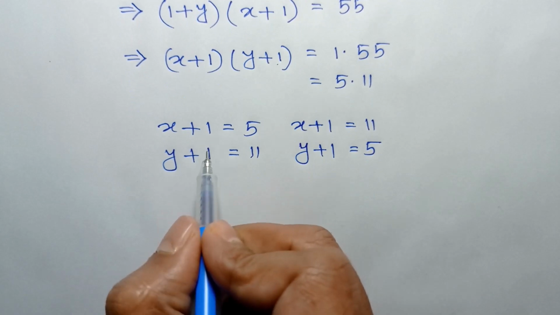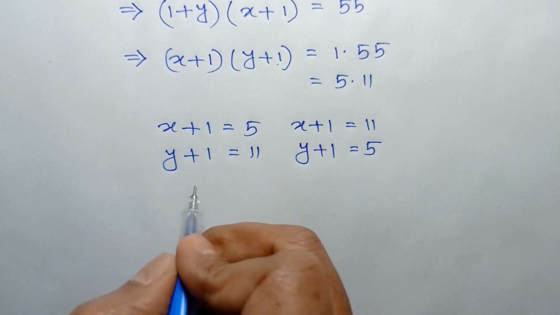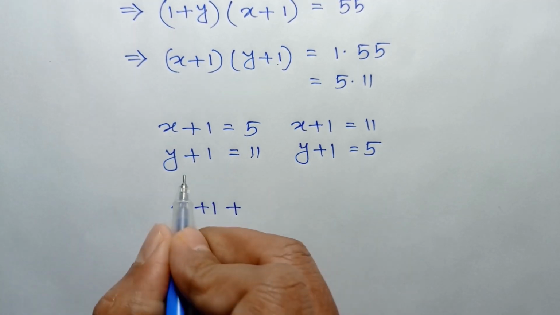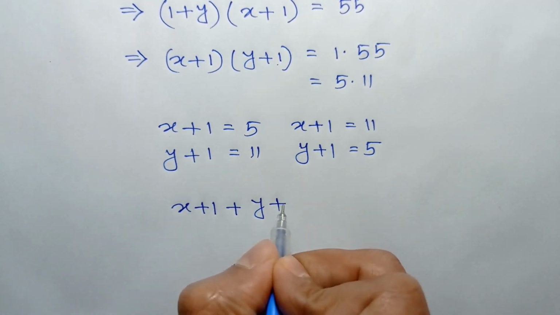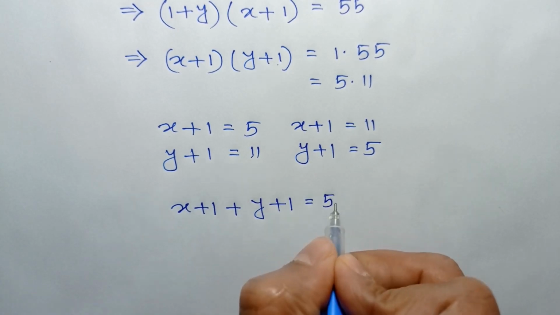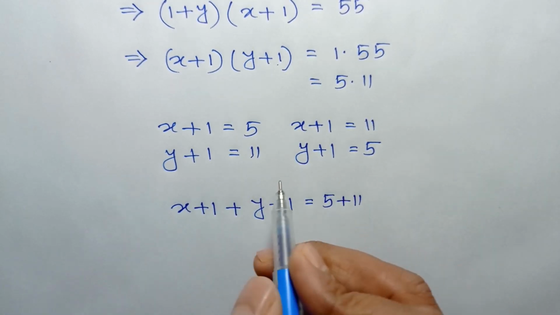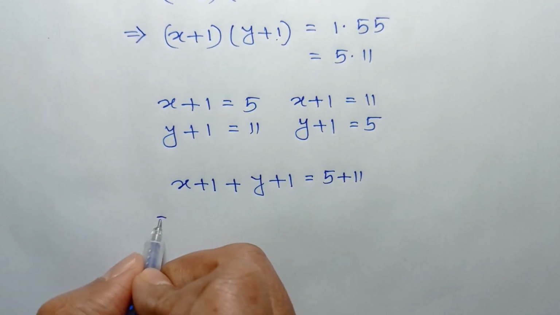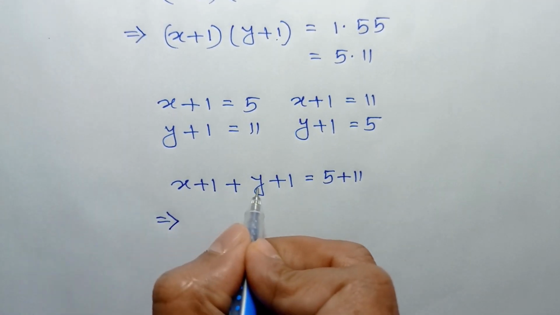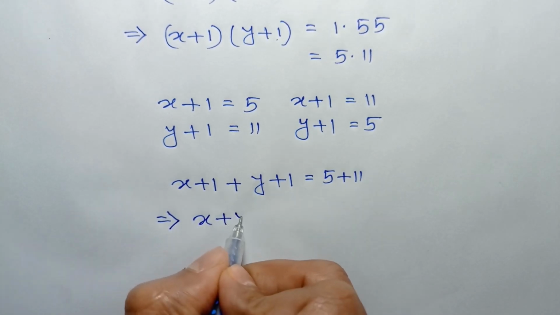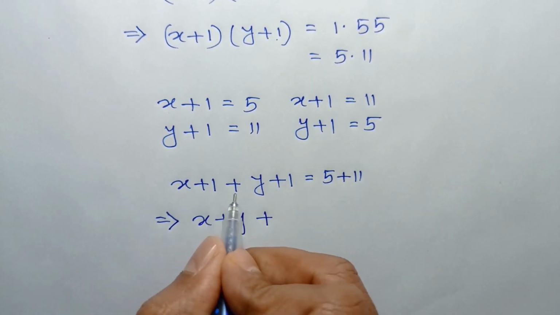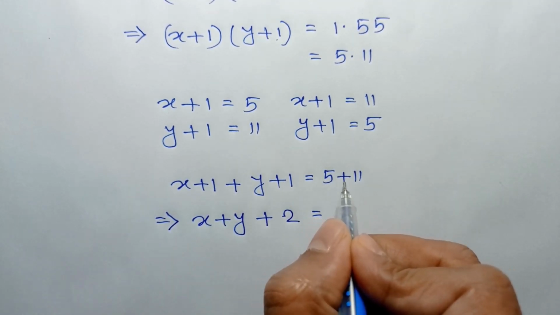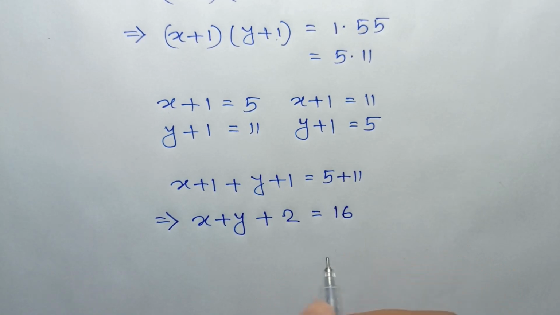Now adding these two equations, we can write x plus 1 plus y plus 1 is equal to 5 plus 11 for both of these cases. Or x plus y plus 1 plus 1, which is 2, is equal to 5 plus 11, which is 16.